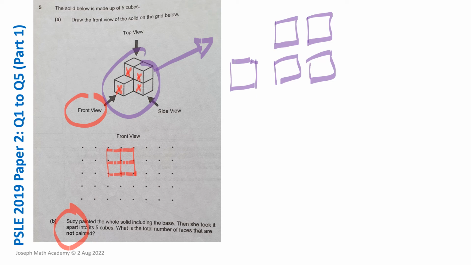Now, what I am doing is the reverse process. I want to find out how many faces are painted. This particular square up here, if you count carefully, has 4 painted faces. I'm going to count the total painted faces. Then this one over here, on the right, also has 4 painted faces.